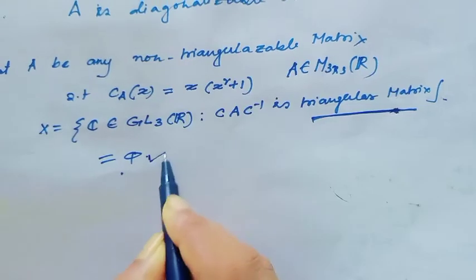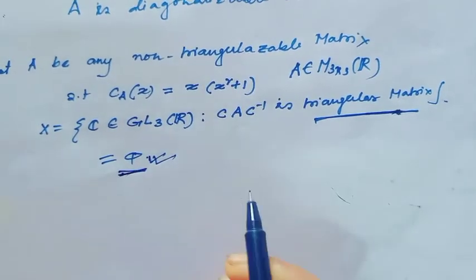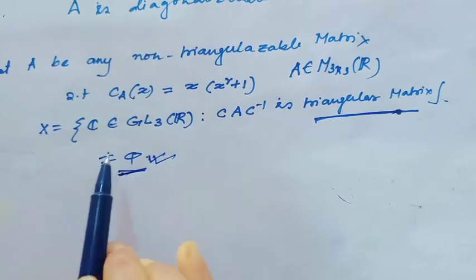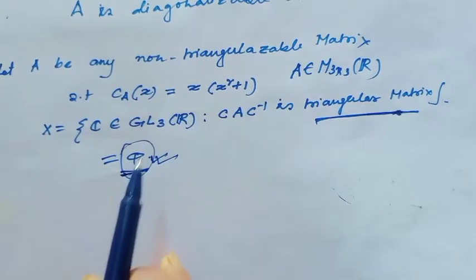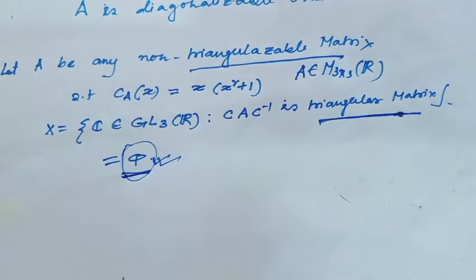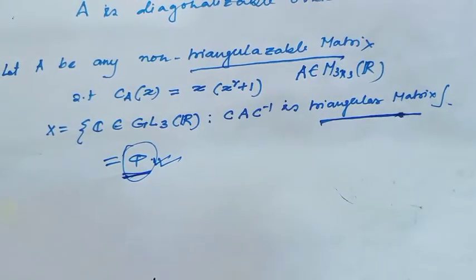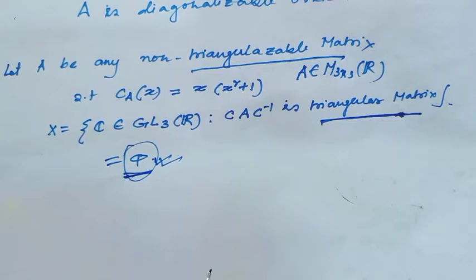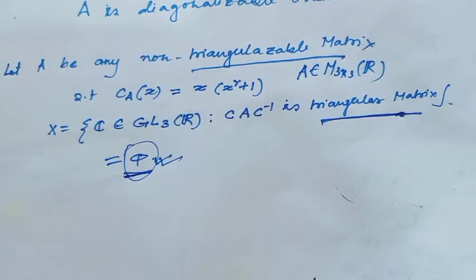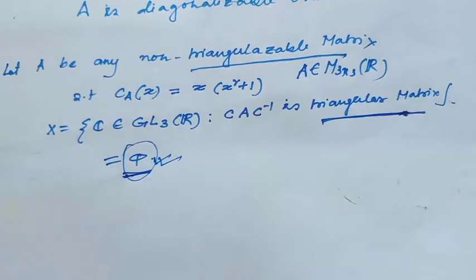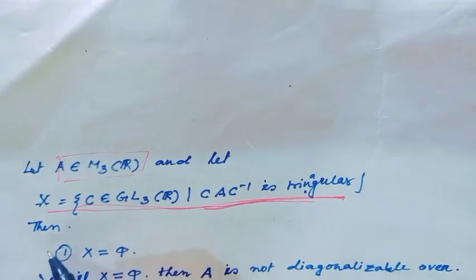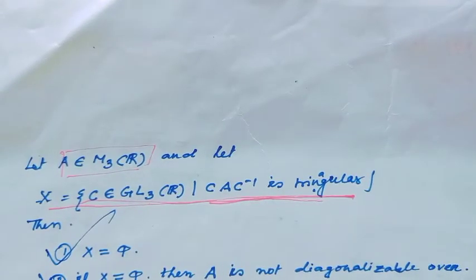That means obviously the set is empty. Are you getting it? The set will be empty when A is a non-triangulable matrix. And all of us know non-triangulable means obviously the roots do not belong to the field. So option 1 is the right option.